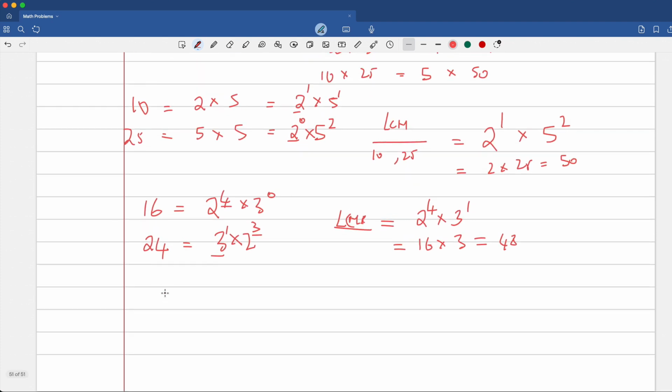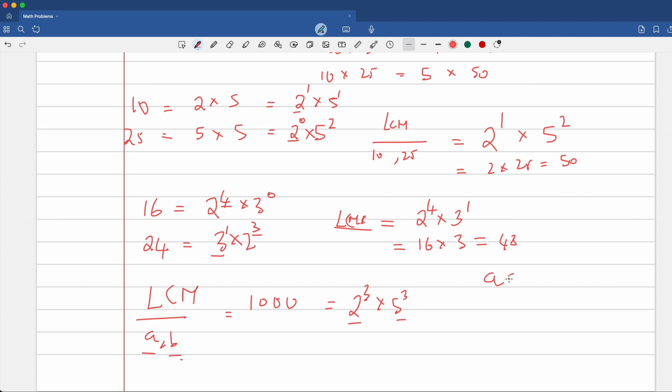So now let's come to our problem. We want to find out two numbers A and B such that their LCM is 1000. And if the LCM is 1000, the prime factorization of 1000, you realize, is 2 cubed times 5 cubed. So A and B should have factors of 2 and 5.